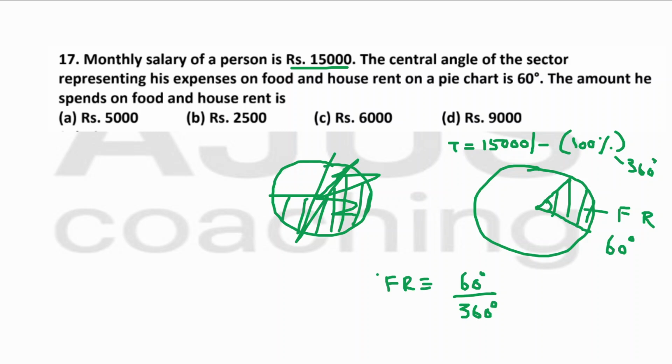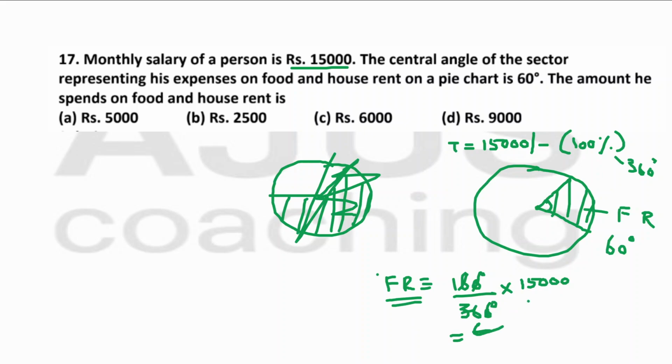So 60 by 360 into total. Total is how much? 15,000 rupees. Okay, like this. So 60 degrees out of 360 degrees is the fraction. A fraction of what? Fraction of total is what we need to find to obtain the food and rent amount. Okay, so if you simplify this, the zeros cancel and 1, 6 are 6.